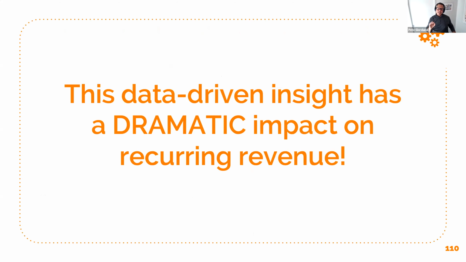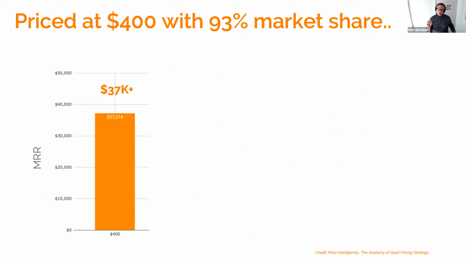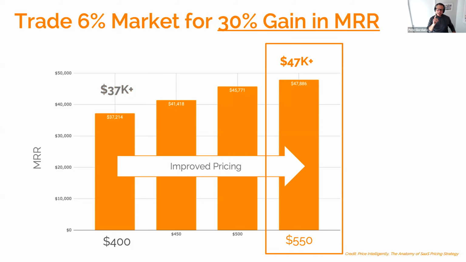And this is gold. This has an incredibly dramatic impact on your recurring revenue, on your revenue. Because if you have 93 out of 100 customers, and you charge them $400 a month, that's 37K a month in revenue. But if you charge only 87 customers $550, that's 47K a month.